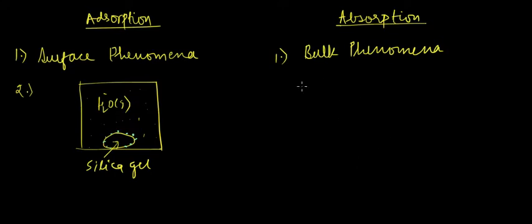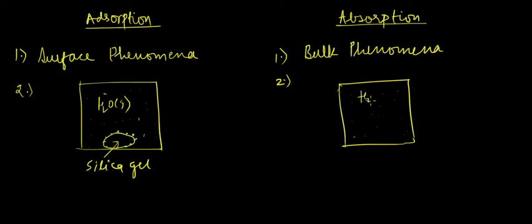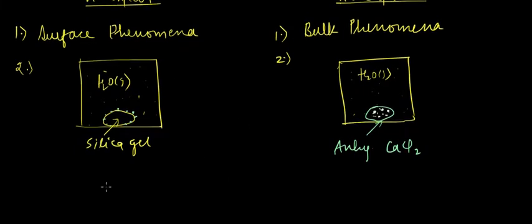Okay, and in the example of absorption, let's say again we have the same apparatus in which we have the molecules of H2O(g) in the vessel, and we have anhydrous CaCl2. So you will find that CaCl2 absorbs H2O(g) particles. So this is a bulk phenomena, this is a surface phenomena.